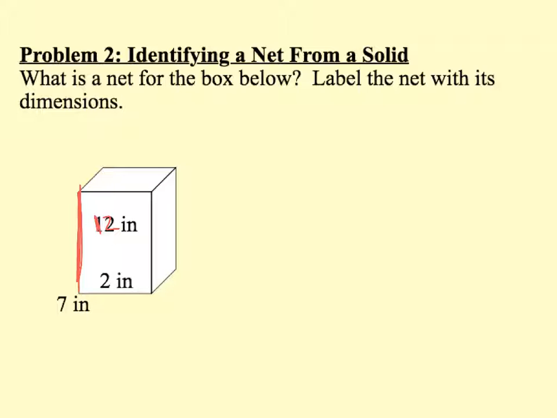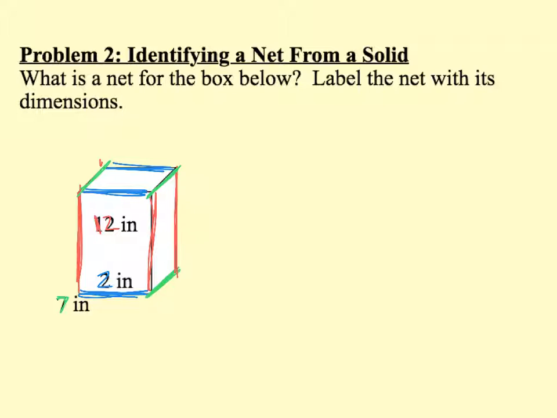Okay, so 12 is the height. 2 is going to be our base width, and 7 is going to be our length. So those three sides. If you look at it here, this 12 is going to be here, and it's also going to be in the back corner. The 2 is going to be there, and the 7 is going to be this way around.